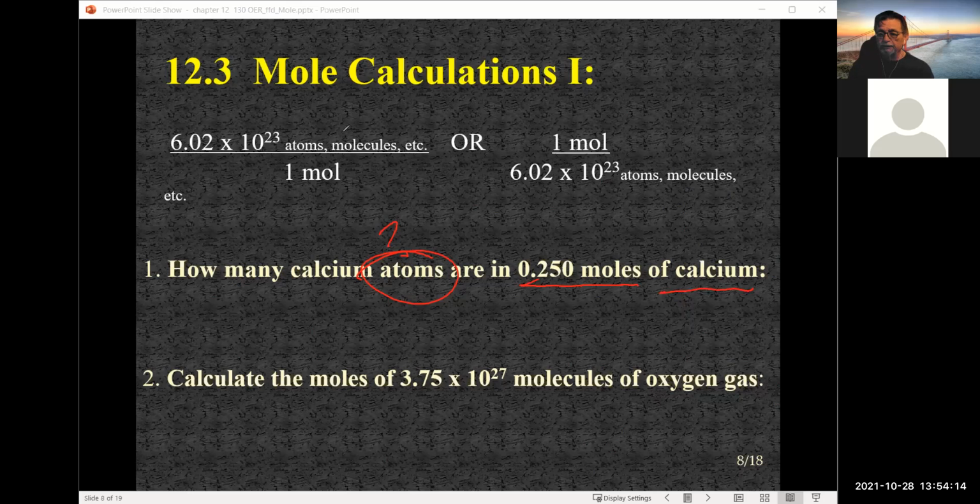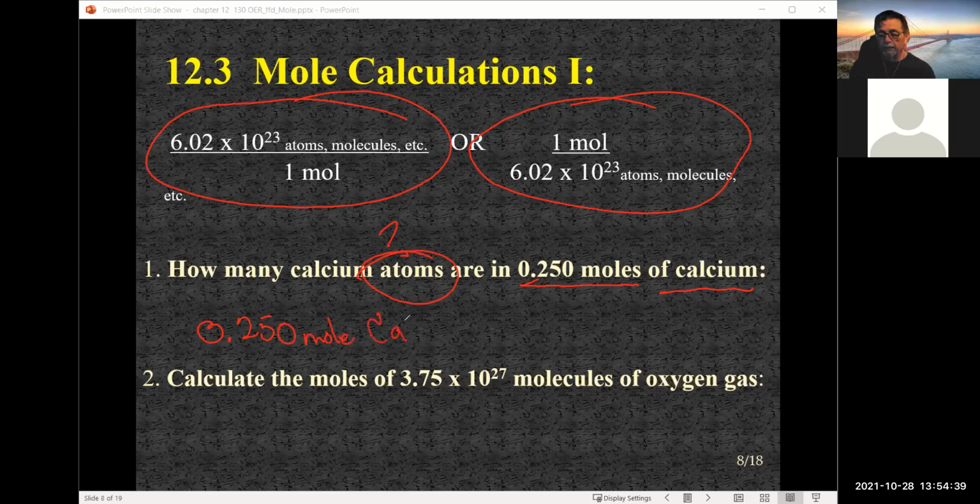And so in this example, we are using Avogadro's number, either one of these two. Which one we use depends on the units that we need to cancel out. So what is the first thing we always do? We always write down what we're given. 0.250 moles of calcium.